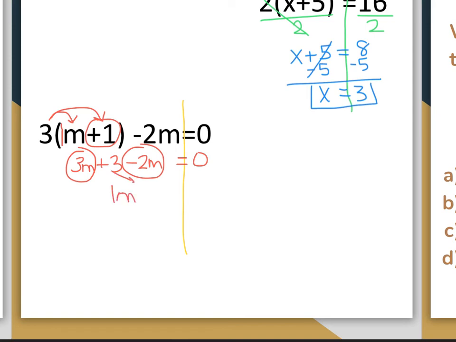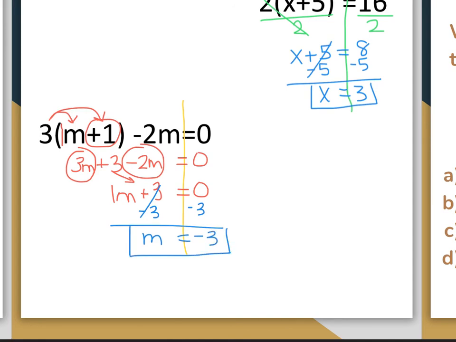Bring down the plus 3, because that is not a like term with anything else, and it will be equal to 0. From here, I'm going to need to cancel out that plus 3, so I will subtract 3. Now, I really don't need that 1 with the m, so I'm just going to write m equals, well, 0 minus 3 will equal negative 3.